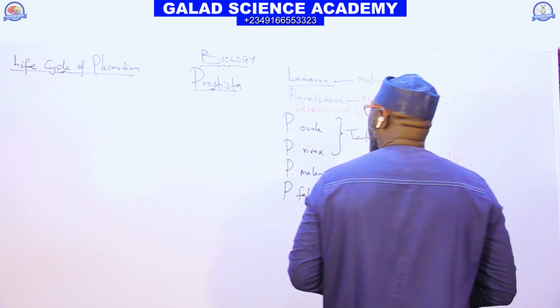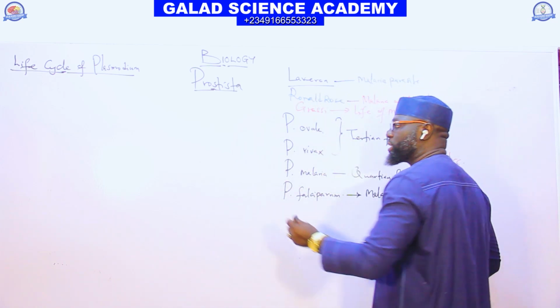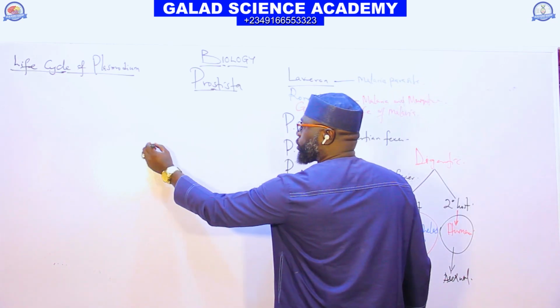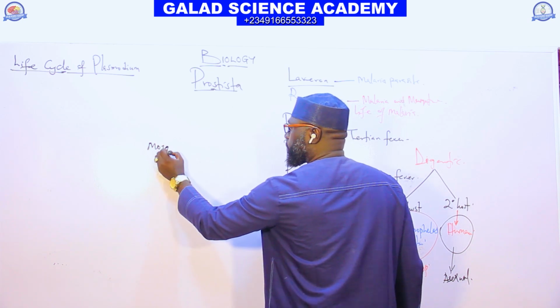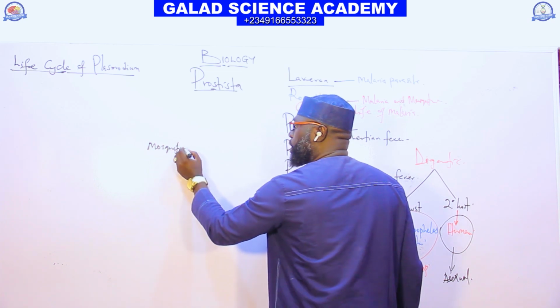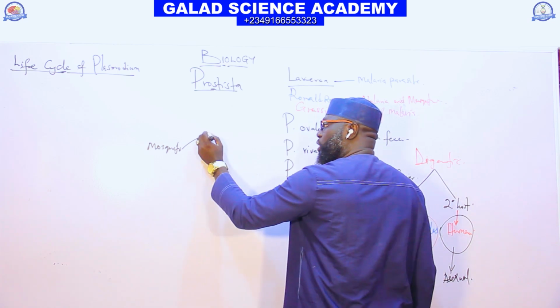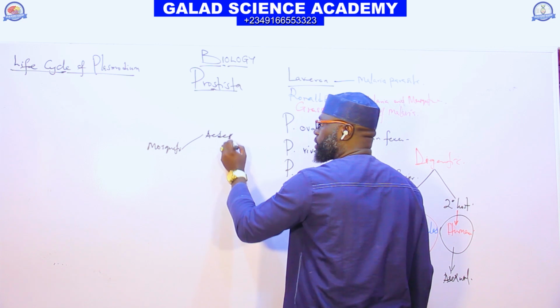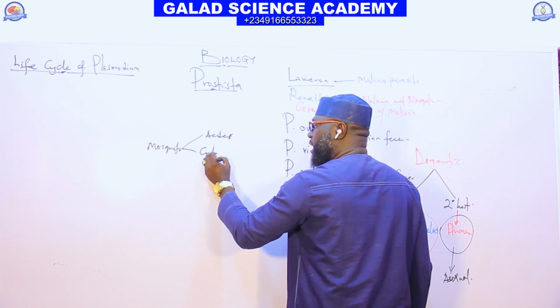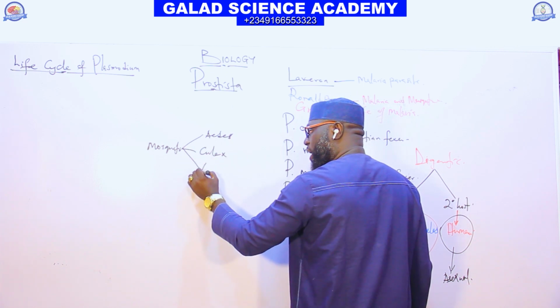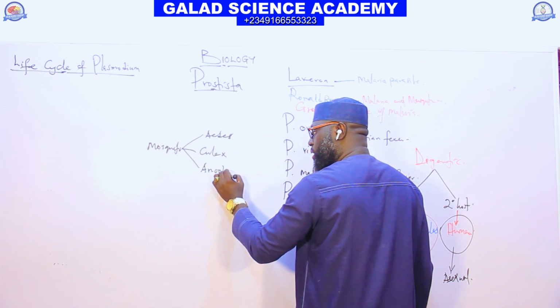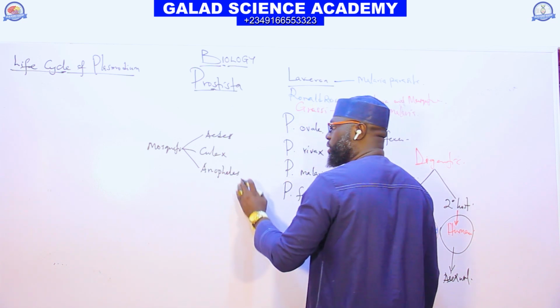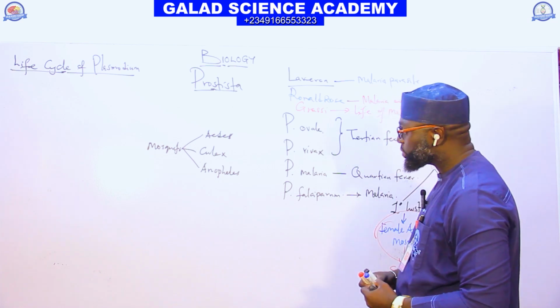If you still remember, we all know that there are three types of mosquito. We have the Aedes mosquito, we have the Culex mosquito, and we have the Anopheles mosquito.